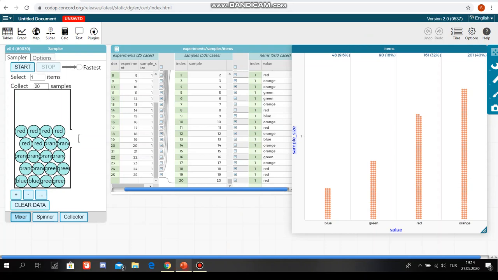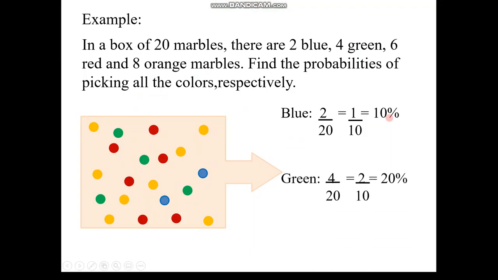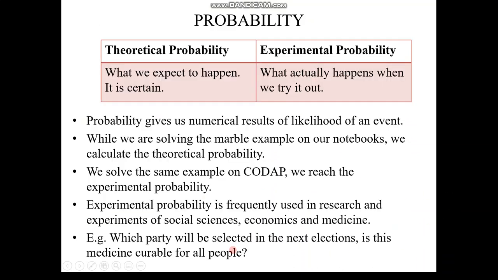Let's go back to our PowerPoint presentation and look at why. This is what we found before, and we did it in CODAP. Probability gives us numerical results of the likelihood of an event, and it is divided into two: theoretical probability and experimental probability.